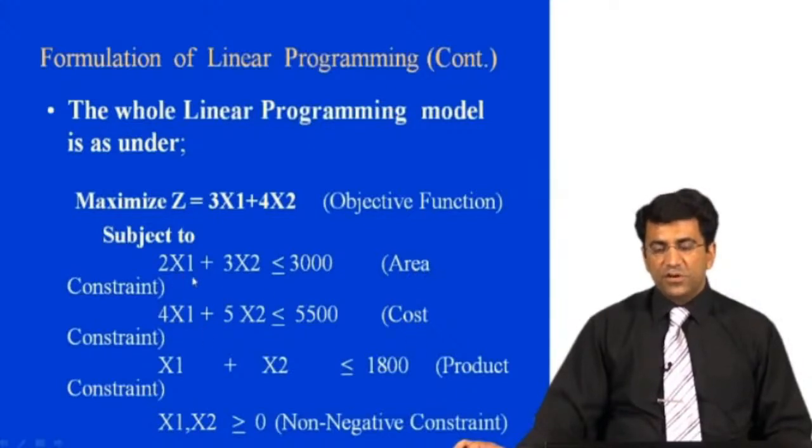The first constraint, related to area, as we have just computed, is 2x1 plus 3x2 less than or equal to 3000. The second constraint, related to cost, is 4x1 plus 5x2 less than or equal to 5500, and the third, the production constraint, is x1 plus x2 less than or equal to 1800. So these are the three different constraints.